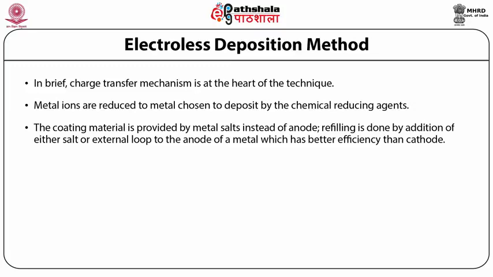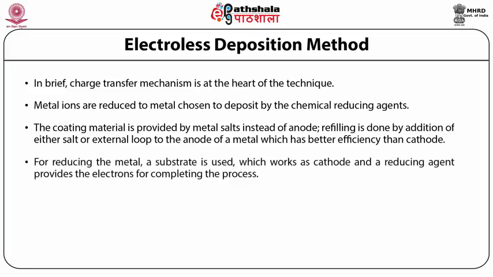Refilling is done by addition of either salt or external loop to the anode of a metal, which has better efficiency than cathode. For reducing the metal, a substrate is used, which works as cathode, and the reducing agent provides the electrons for completing the process.